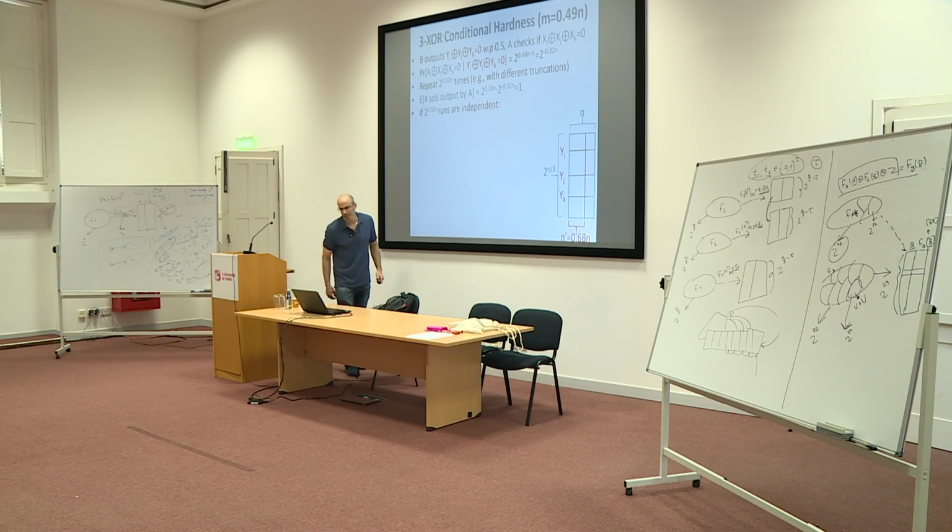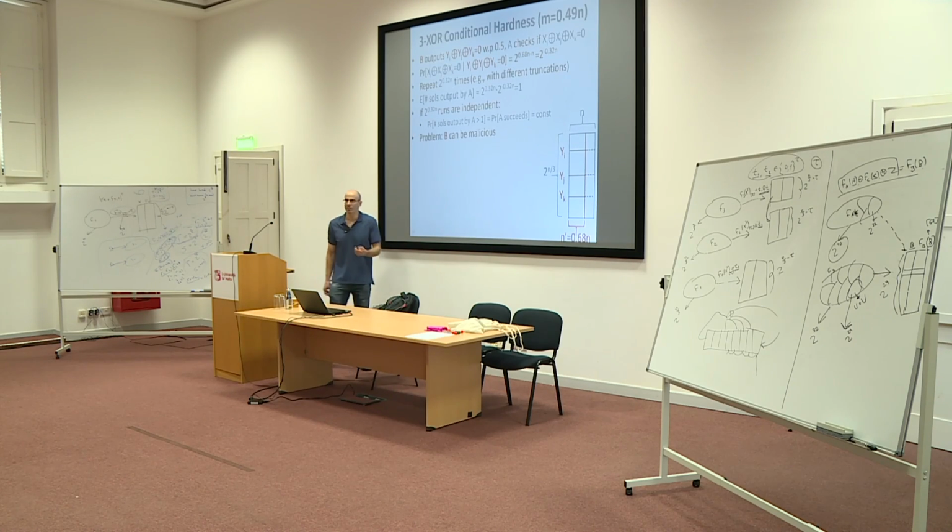The runs are highly dependent. It's not sufficient to compute the expected number of solutions. What we need is that the probability that A outputs at least one solution is constant. If the runs are indeed independent, then this would happen. But we didn't say that the runs are independent.